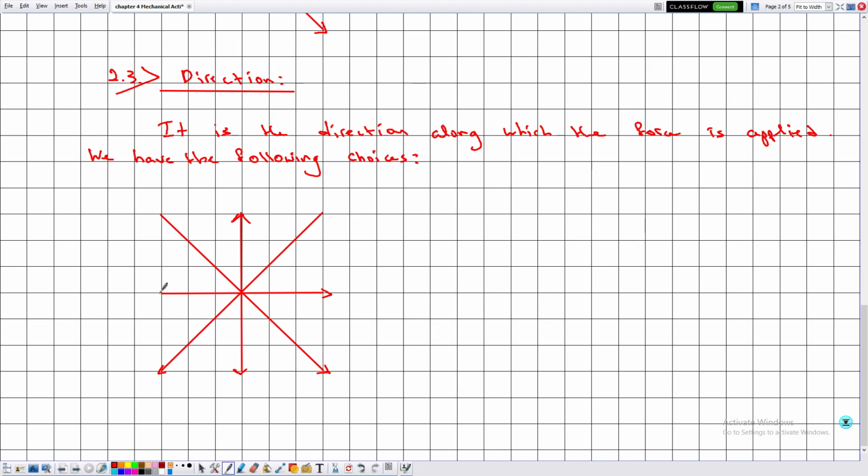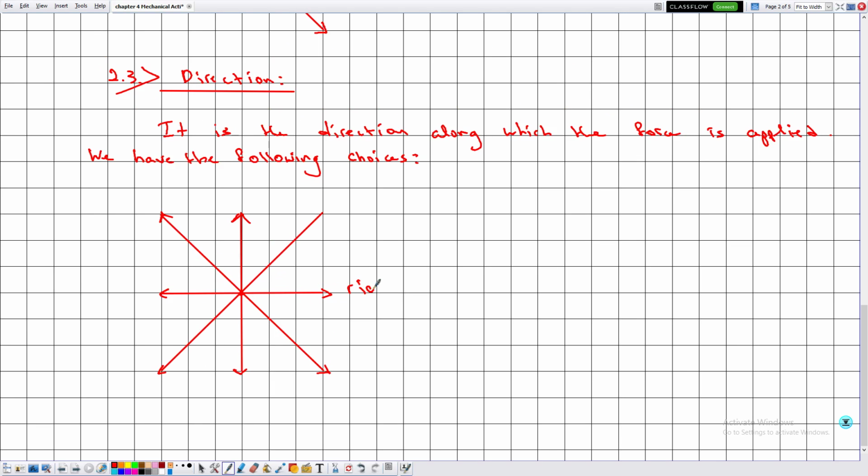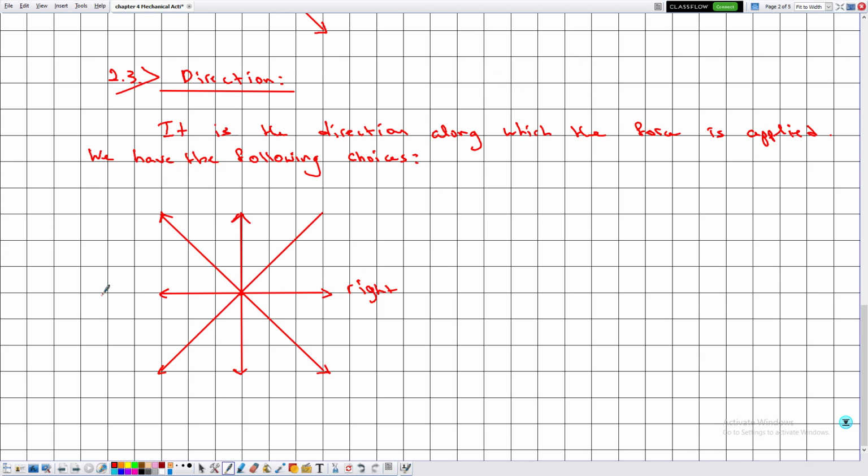So this symbol consists of several vectors having the same point of application. If the vector is pointing toward this direction, it is said to be the right. If it's pointing to this direction, it is said to be the left. And we know that this direction is said to be upward.